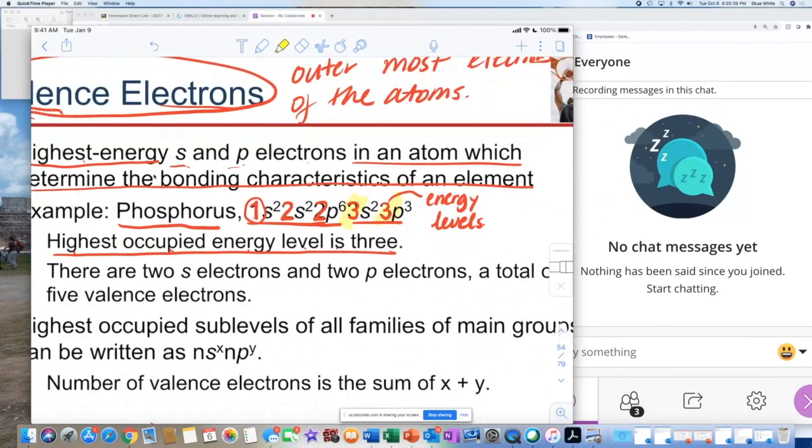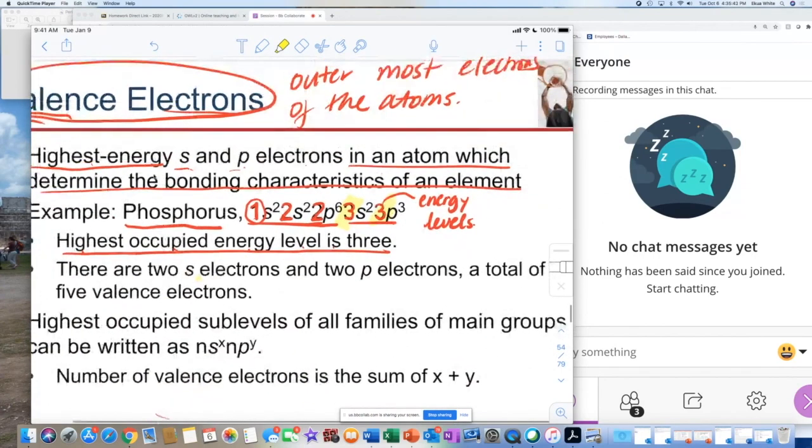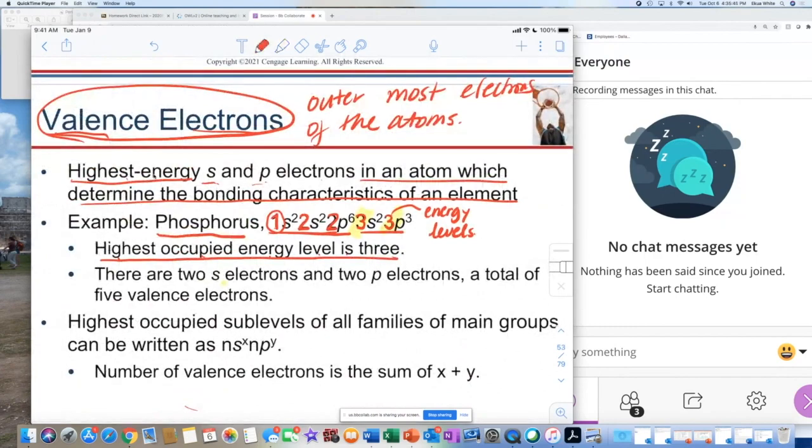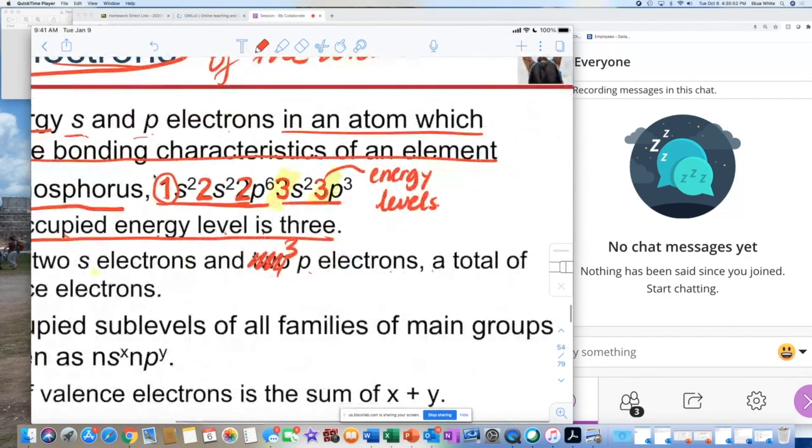There are 2 S electrons and 2 P electrons. Oh, this is a typo. This is supposed to be 3. There are 2 S electrons and 3 P electrons, a total of 5 valence electrons. What we're trying to say here is when you find the highest energy level and you add the superscripts, the total of the superscripts tells you the number of electrons in the highest energy level.